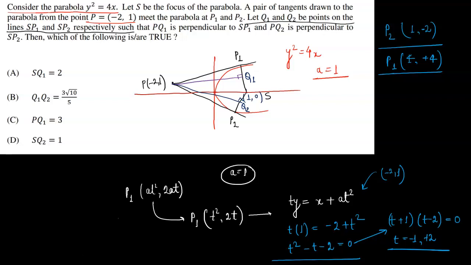So let me write here, this P2 point will be (1, -2), and this P1 point will be (4, 4).